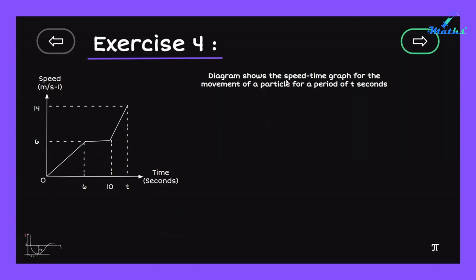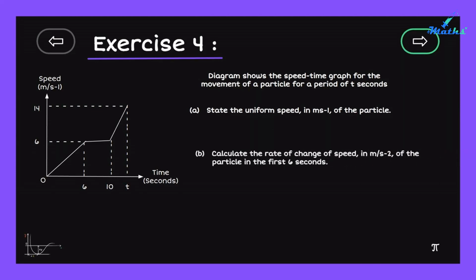The diagram shows the speed-time graph for the movement of a particle for a period of t seconds. Question A: state the uniform speed in m s^-1 of the particle. B: calculate the rate of change of speed in m s^-2 of the particle in the first 6 seconds.